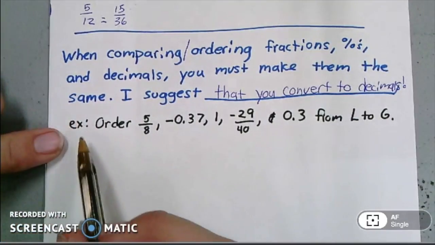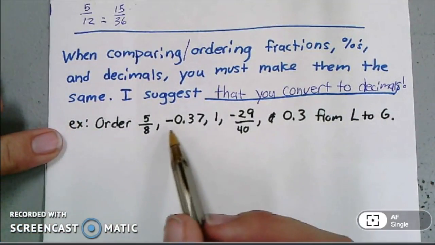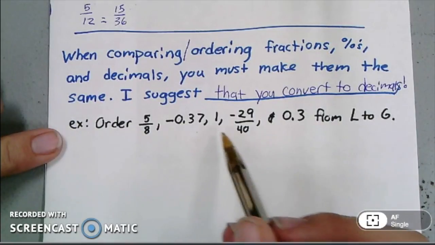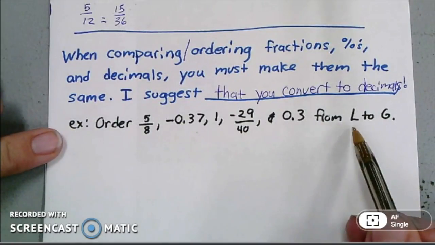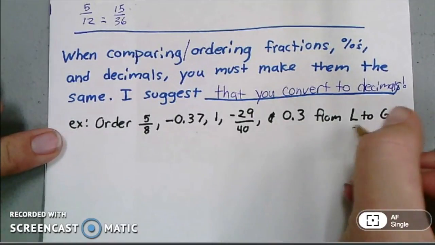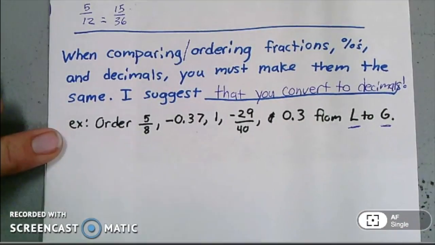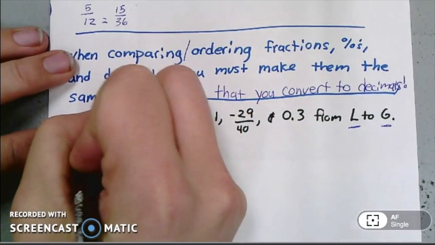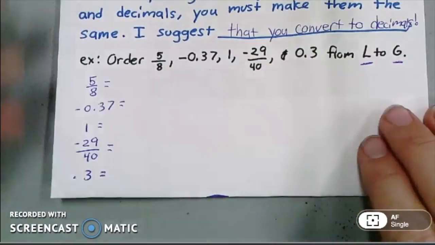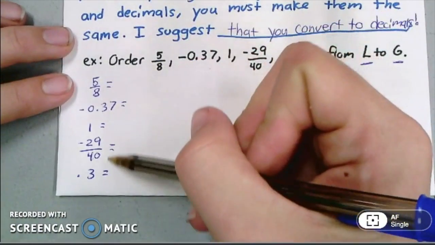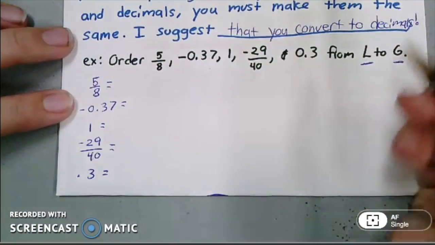Here's my problem. Order 5/8, negative 0.37, 1, negative 29/40, and 0.3 from least to greatest. I always want to notice what they want first. I can't do it until I make them the same. So I'm going to list them in a vertical line. So I listed them all vertically down, and now I'm going to convert them all to decimals.